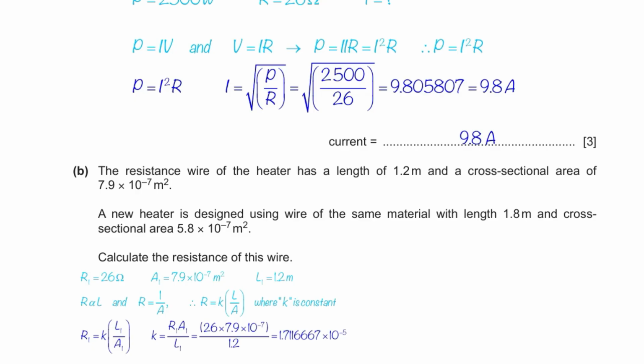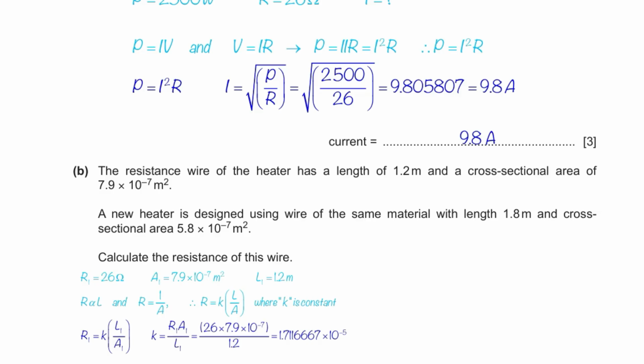Step 2. Calculate k using the original wire. We know R1 equals 26 ohms and L1 equals 1.2 meters. A1 equals 7.9 multiplied by 10 to the power of minus 7 meters squared. So k equals R1 multiplied by A1 divided by L1. Substitute the values: k equals 26 multiplied by 7.9 multiplied by 10 to the power of minus 7, then divided by 1.2.